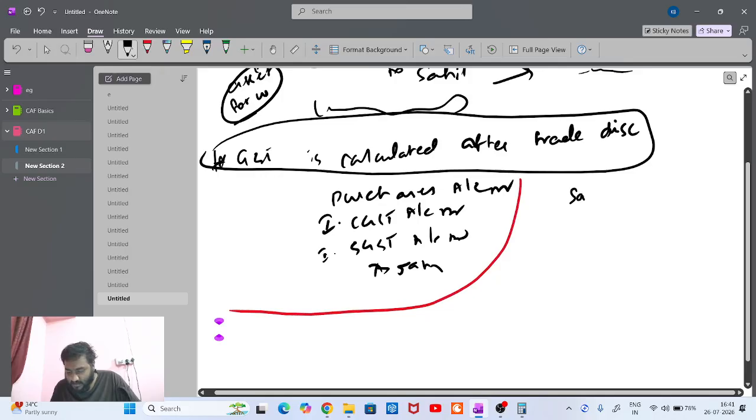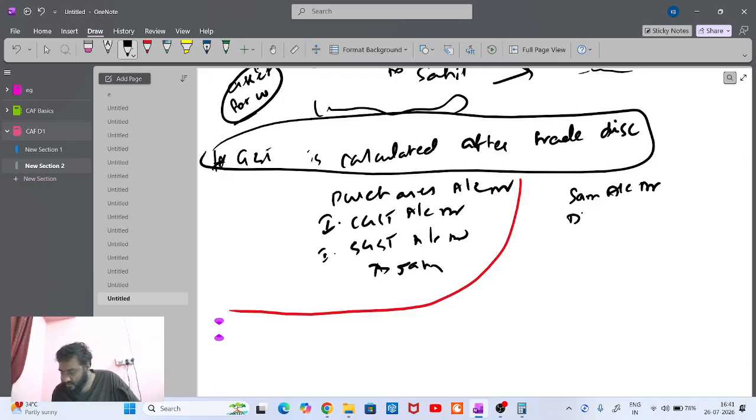Sam account debit, to purchases, to input CGST, to input SGST. Discount will not come here, I guess.